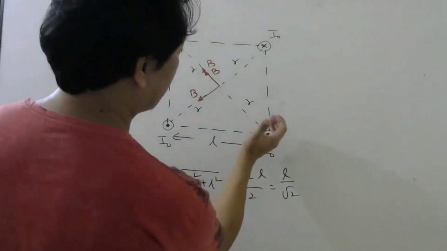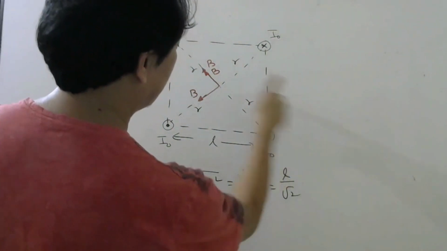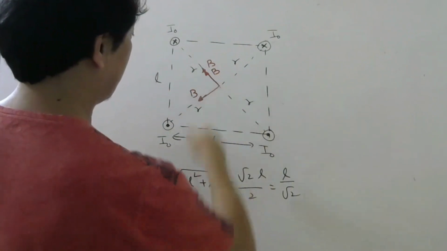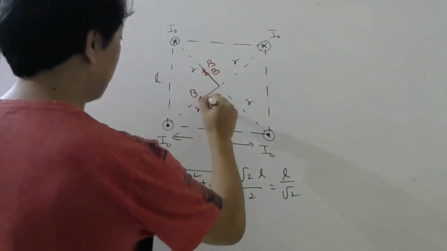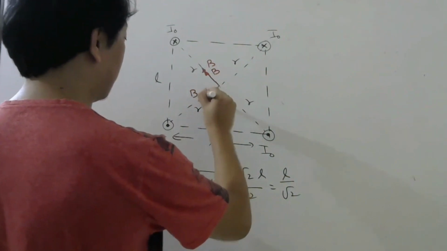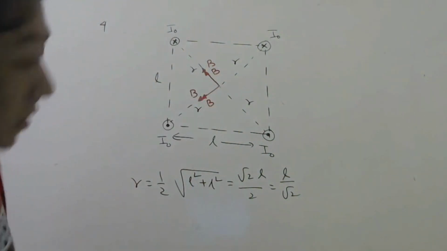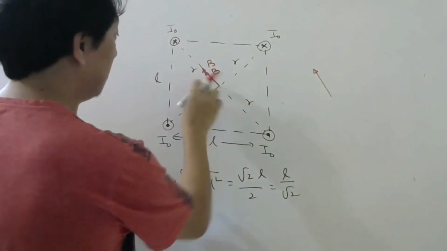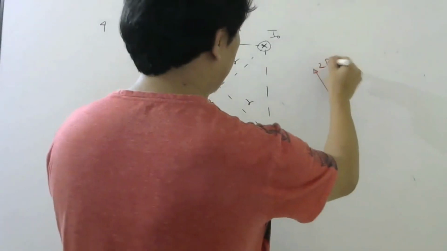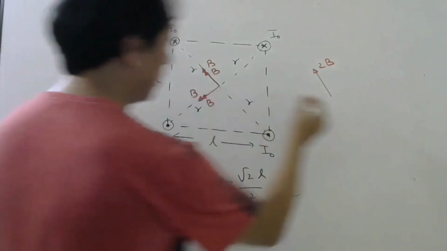For this one also it is out, so it will be like this. When it reaches this point, the circle will be this much, so the tangent will give you the direction of the magnetic field. So one more magnetic field. You can see there will be B plus B because of the same direction, 2B, in this direction.